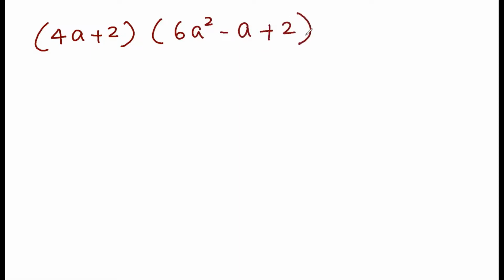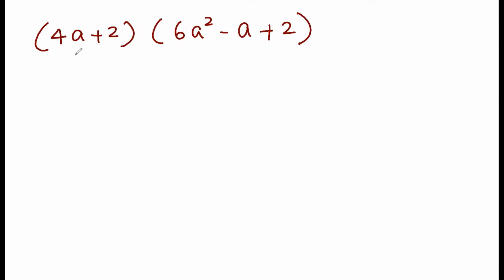Here is another example. 4a plus 2 times 6a squared minus a plus 2. If you notice, we are multiplying a binomial with a trinomial. The strategy is still the same.